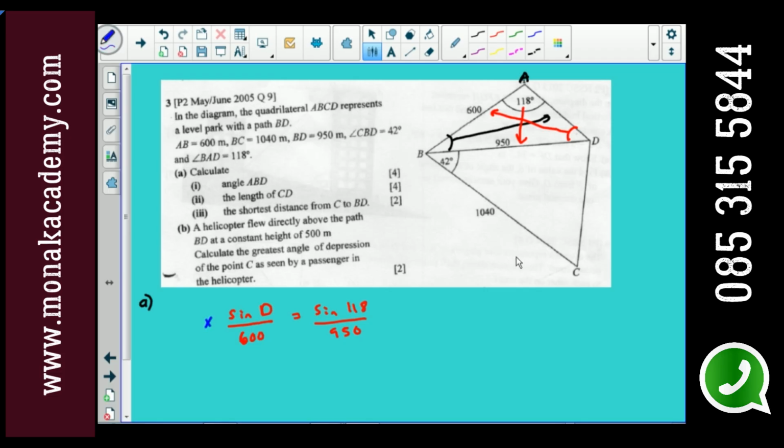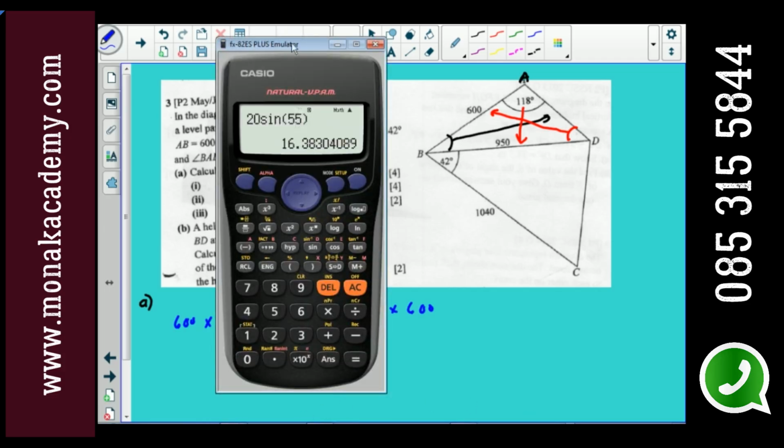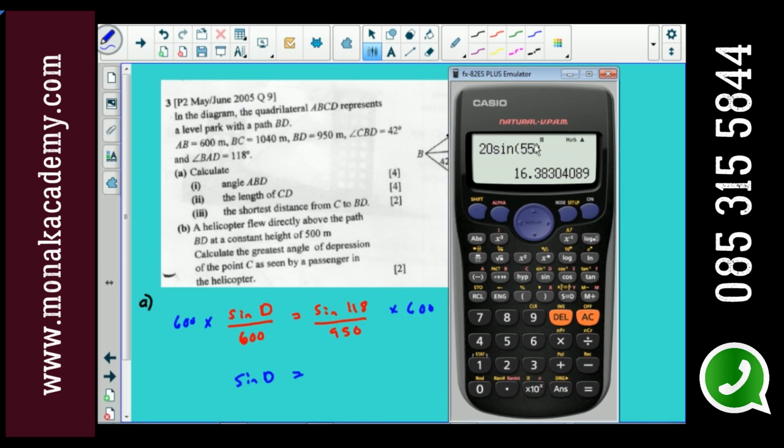Multiply by 600, so you will remain with sine D equals, we use our calculator there to find sine 118 over 950 times 600.